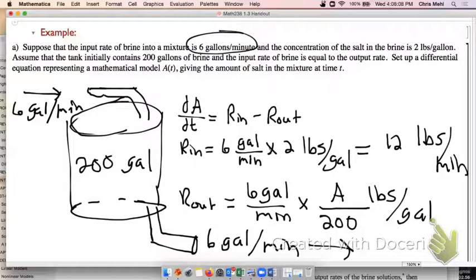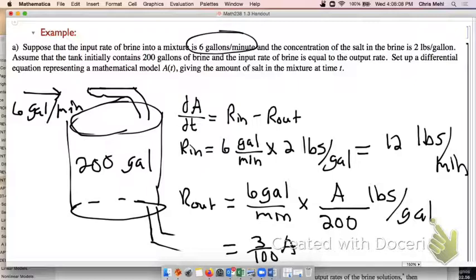But now I'm going to write down the differential equation. I should probably actually finish writing this down. R out ends up being 6A over 200. It ends up being 3/100 A pounds per gallon.